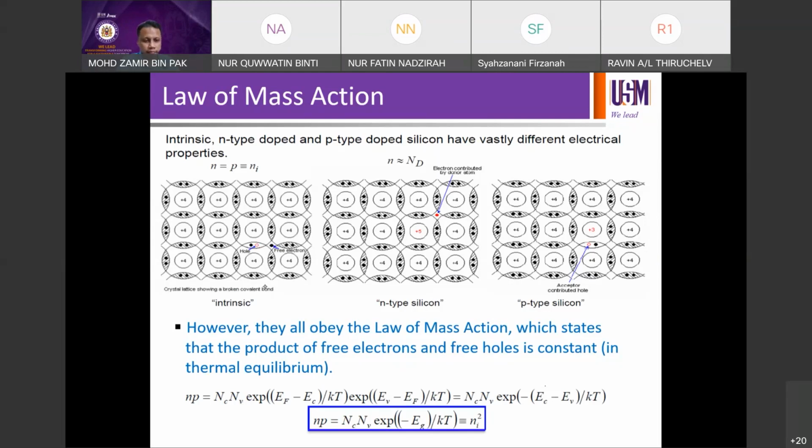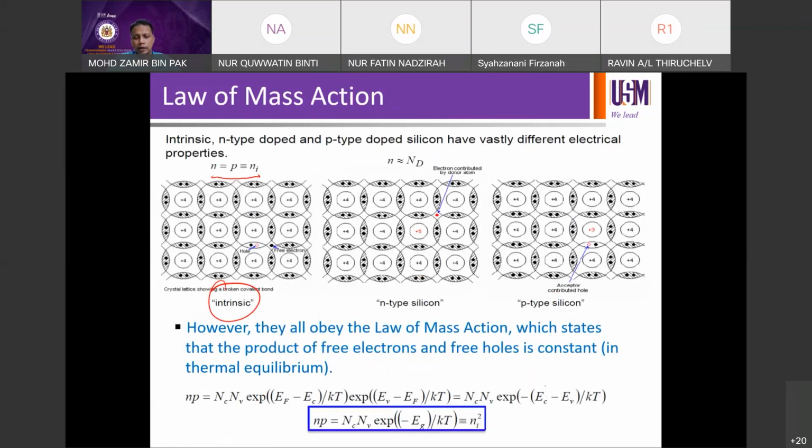For intrinsic silicon, we've also discussed this: n is equal to p and is equal to Ni. Or as we discussed last time, n0 is equal to p0 and is also equal to Ni.